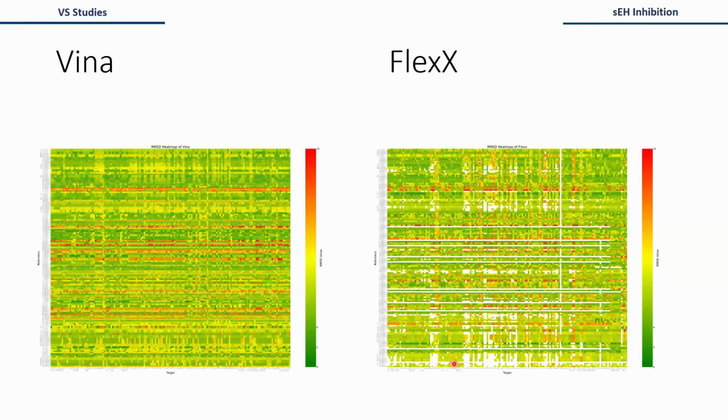But very briefly, if FlexX was generating a pose, then we saw that it will be reliable. And if we are able to apply this docking solution in a billion and trillion level compound library with chemical space docking, then we can achieve very good binding modes for the compound.